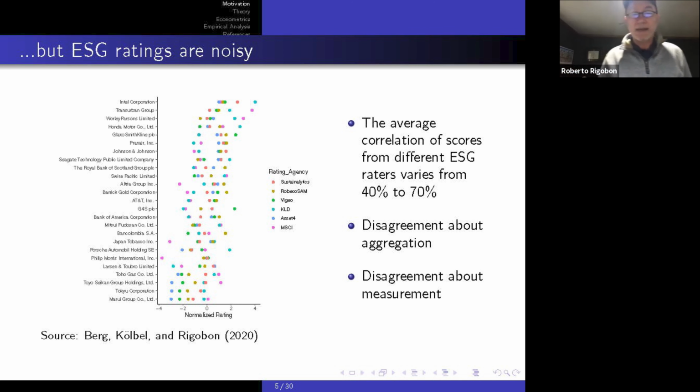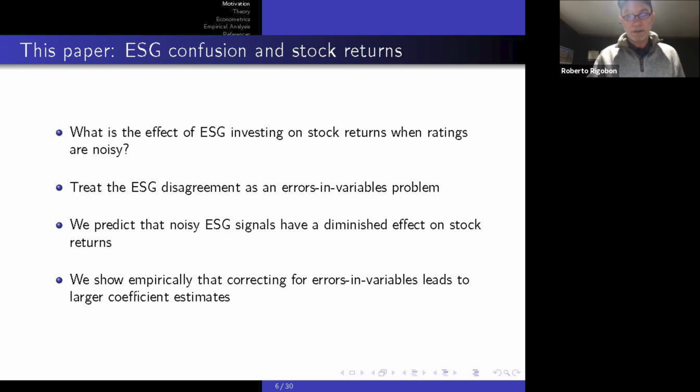This is almost like thinking that we have an ethical measure about the firms, and these are all proxies for that ethical behavior, that willingness to do something ethical or non-ethical. So in this paper we use an errors-in-variables approach. This will allow us to understand what part of that noise in the measurement can be used to estimate returns.